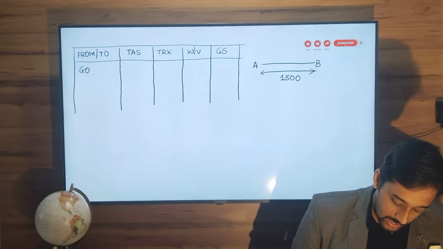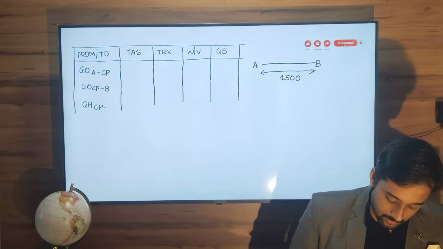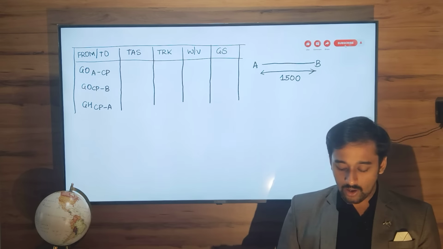Ground speed outbound from A to CP, ground speed outbound from CP to B, and ground speed homebound from CP to A. These are your three elements.